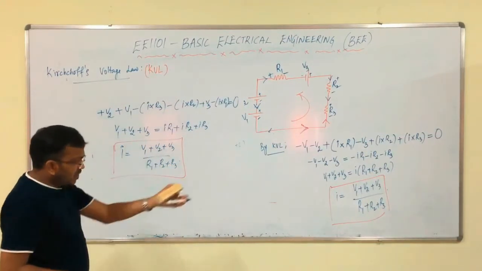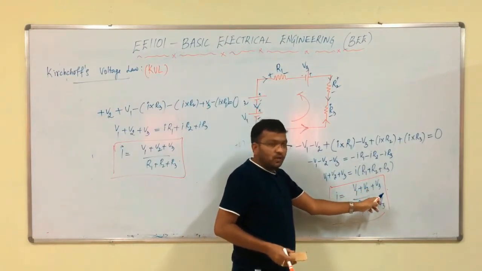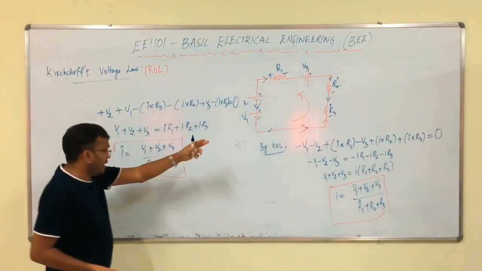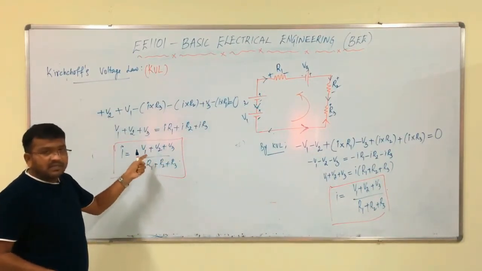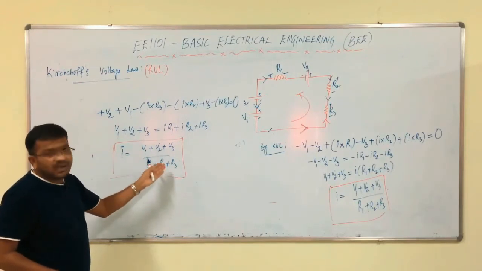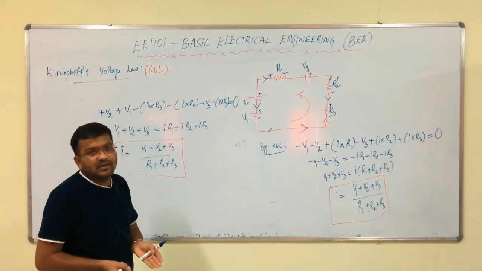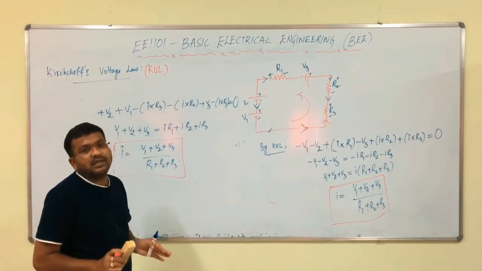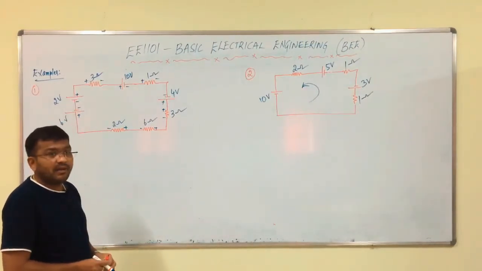Is there any change in the value of current? For clockwise direction we got V1 plus V2 plus V3 by R1 plus R2 plus R3. For anti-clockwise direction, negative negative, we also get V1 plus V2 plus V3 by R1 plus R2 plus R3. We are getting the same value of current. There is no change in the value of current. Simply we are assuming our own direction. That's it. Now we will discuss these two examples regarding KVL.